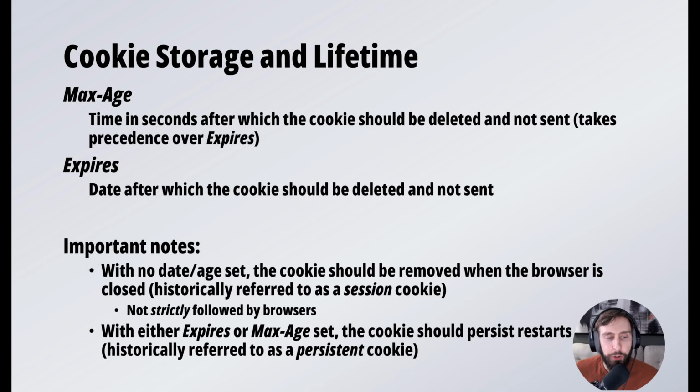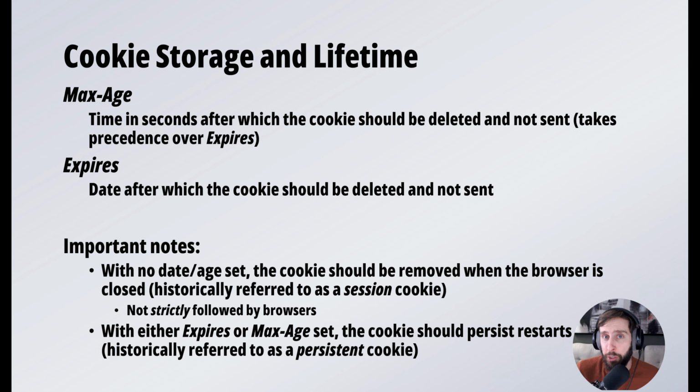Now, when either the expires or the max age is set, the traditional way to refer to these cookies is persistent. The reason being, when neither of them are set, the cookie should be, in theory, removed by the browser, and this would be called, I say historically, a session cookie, because that terminology has kind of evolved to denote something different. So this context of session cookie versus persistent cookie is very specific in the framework of cookie lifetime, and you typically don't hear people referring to cookies in that way.